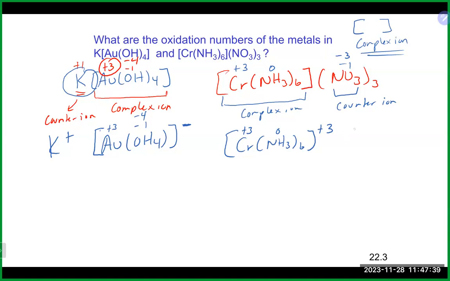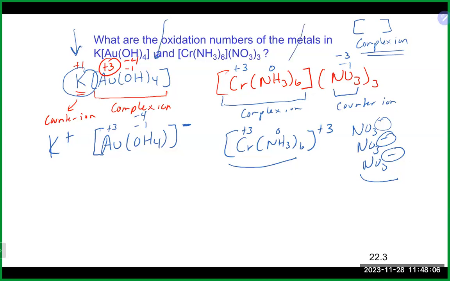That is why we need not 1 nitrate, not 2 nitrates, but we need 3 nitrates, right, to give us a -3 charge to balance out the complex ion's charge. So in this case, our complex ion is actually positive, our counter ion is negative. So much like an ionic compound, as we talked about, it's always the positive guy first. So that's why in this case, we went with the counter ion first, and then our negative complex ion. And here we went with our positive complex ion, followed by our negative counter ion.